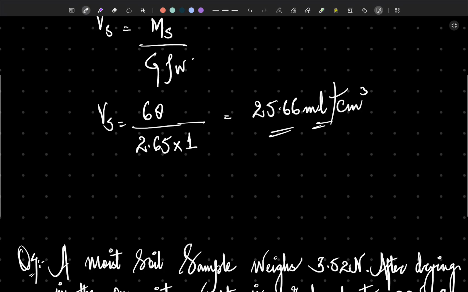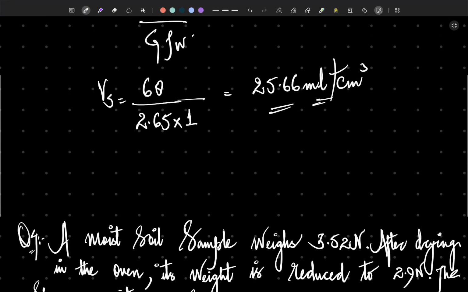All right. So now the thing that needs to be found out is the volume of the voids, because that's what the question demands. It asks us to determine the volume of voids when the total volume is given. Volume of soil solids we have found. We can now use the expression and find the volume of the voids. How? Total volume is volume of soil solids plus volume of voids.